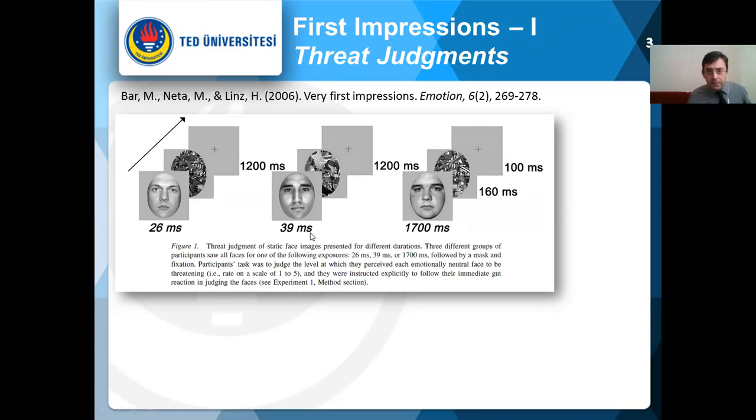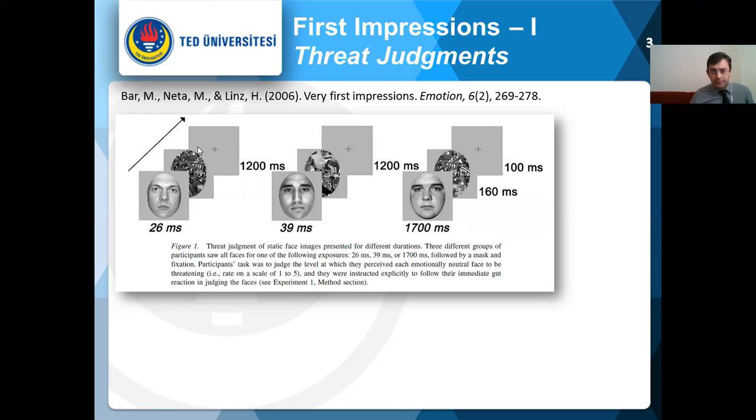So in this experiment, participants are first exposed to this face for a certain duration. And then in the middle, you see an oval picture, which is a random noise picture. This is called a mask, so that the mental image is somehow curtained in the mind. I wouldn't like to say it's forgotten, but it's curtained, so that it doesn't come to consciousness.